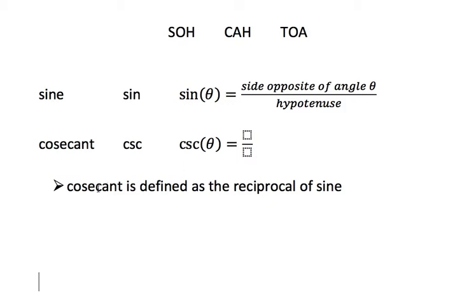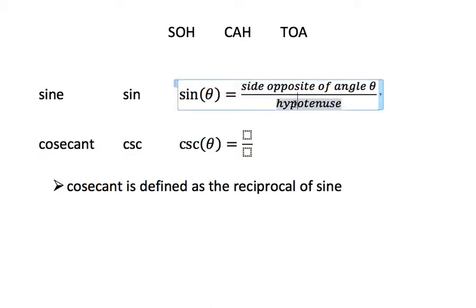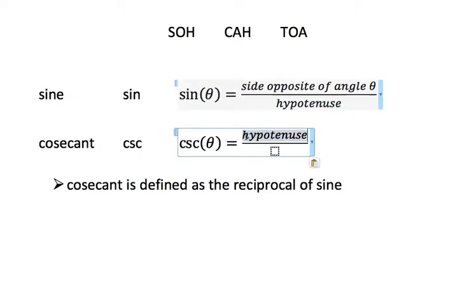So, because sine is equal to the length of the side opposite divided by hypotenuse, and these two are reciprocals of each other, therefore cosecant of theta is equal to the length of the hypotenuse divided by the length of the side opposite of the angle.